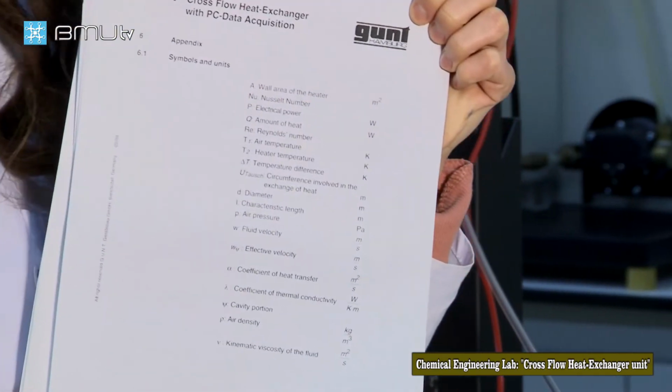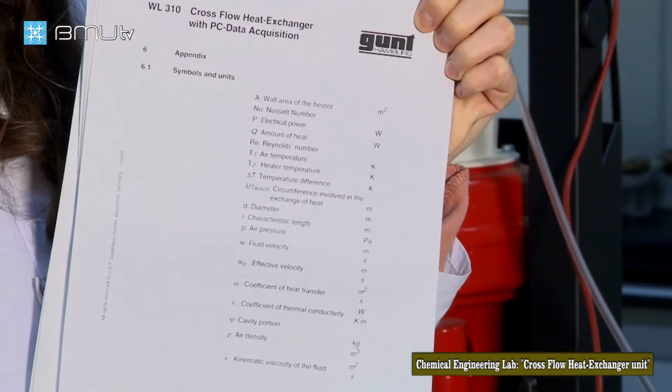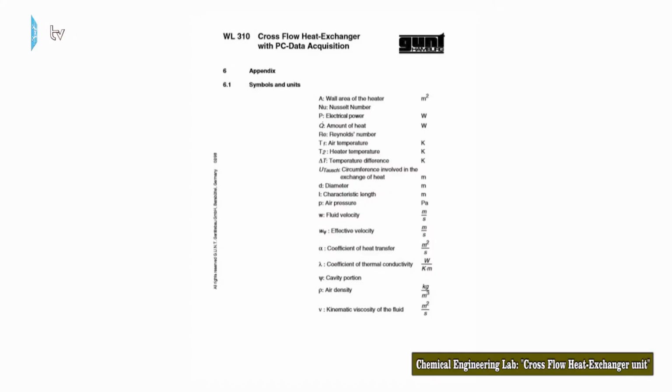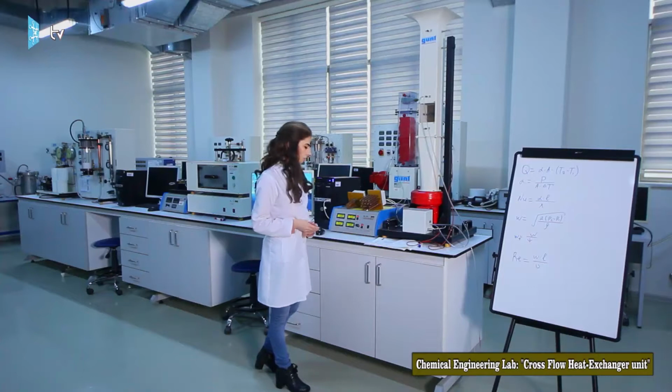The students can find their names from this manual. At the same time, the characteristic length and the surface area are given in the manual, and the other variables can be found from the tables given in the manual.